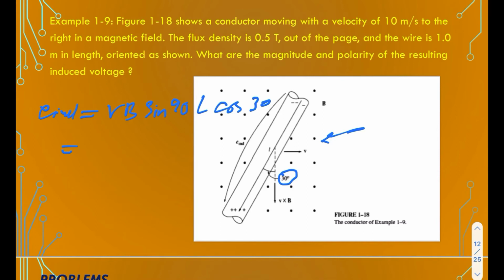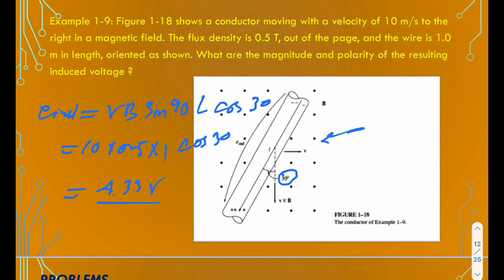We'll just substitute now: 10 multiply 0.5 multiply 1 multiply cosine 30. So the result will be 4.33 volts. This is the answer.